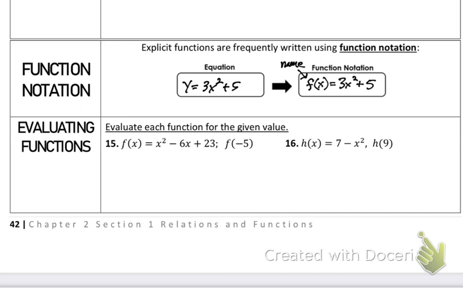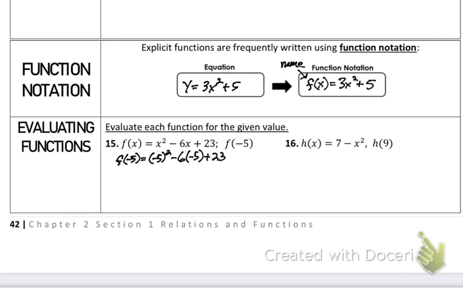So these are pretty standard, but if I look at find f of negative 5, perhaps I have to find out what function name is f. Well, that's the one right next to it. So nothing crazy there. So f of negative 5 means plug in negative 5 for all of my inputs. So I'm going to have negative 5 squared minus 6 times a negative 5 plus 23.